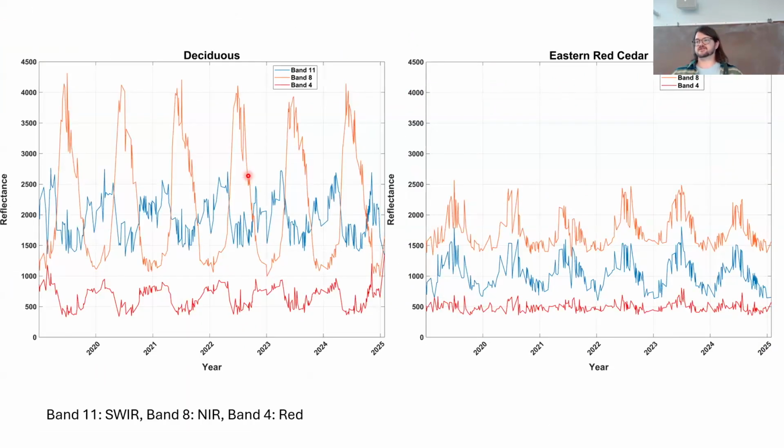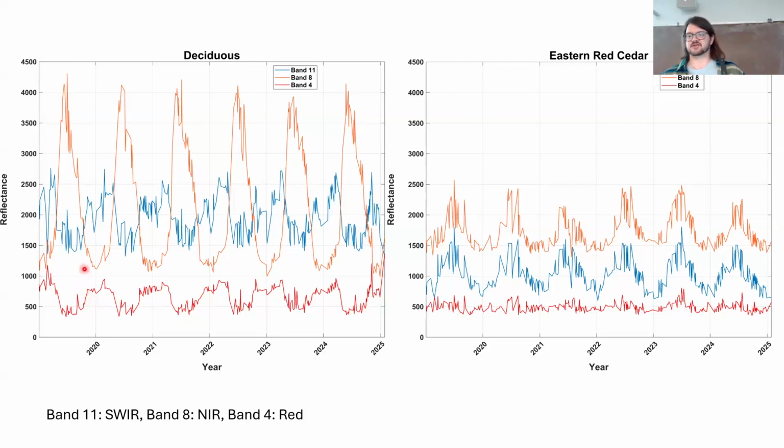Then, pulling the NDVI signal apart and looking just at the red, which is band 4, the near infrared, which is band 8, which make up NDVI, and then band 11, which is the shortwave infrared, there's also a pretty distinctive seasonal variation between deciduous trees and how this behaves in red cedar. Fundamentally, the red cedar are photosynthesizing pretty consistently throughout the year, throughout each season, which we might expect, whereas deciduous trees show the traditional seasonal pattern here.